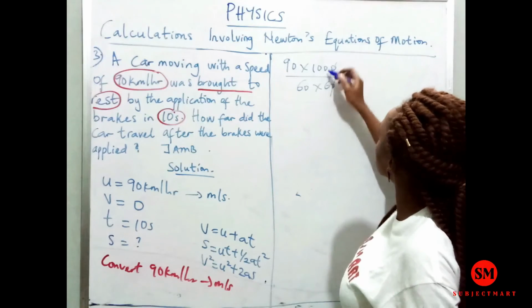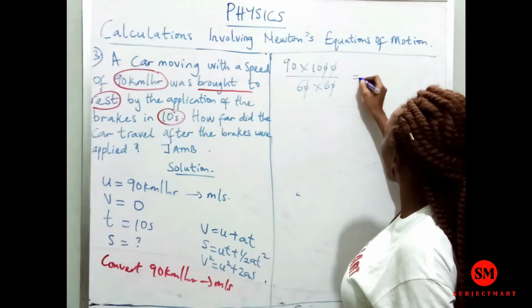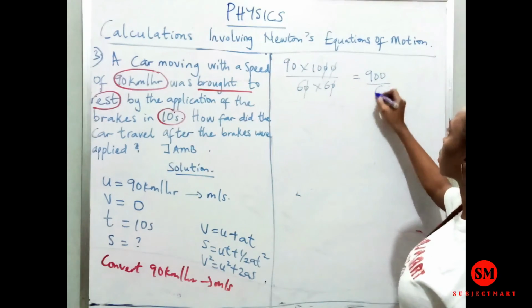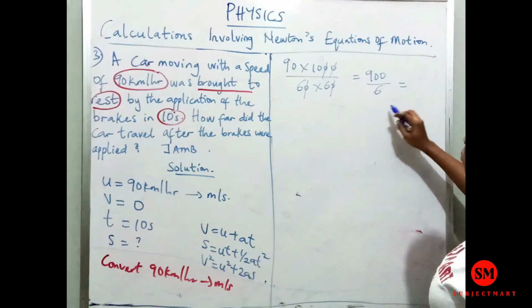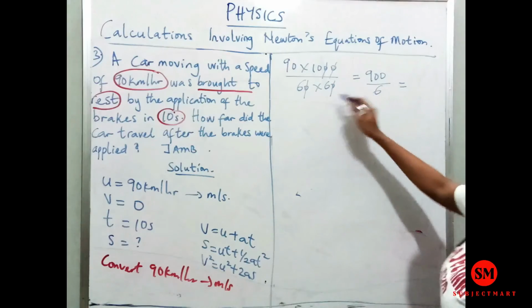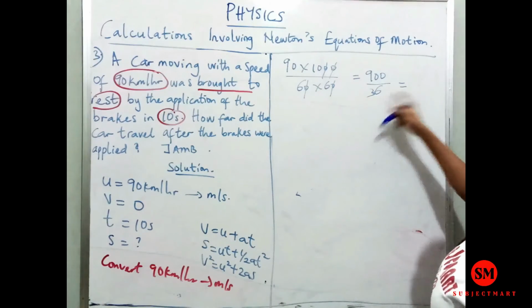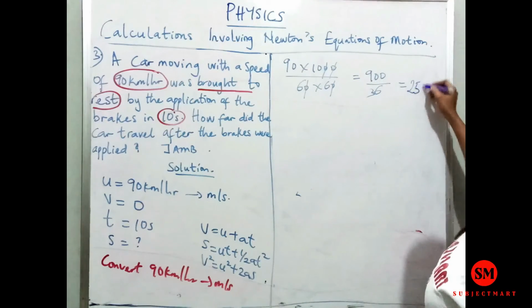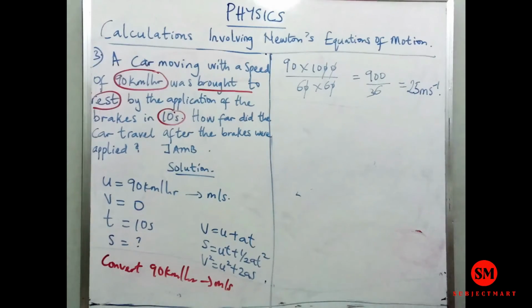This cancels this, this cancels this. So I have 900 divided by 36, 6 times 6 is 36. And this will give me 25 meters per second. So we are good to go now.